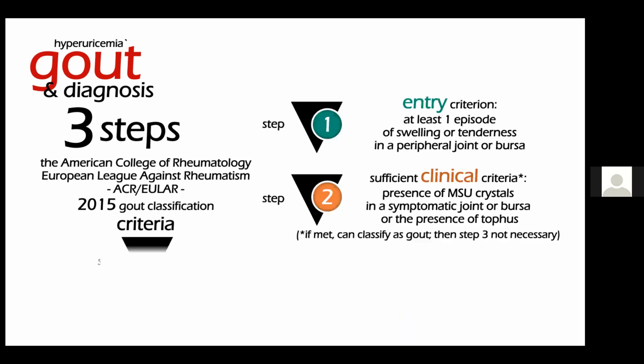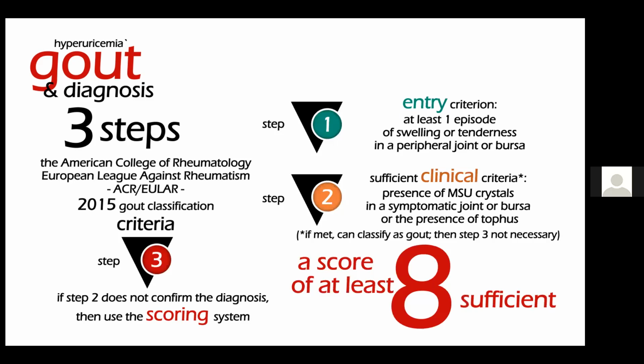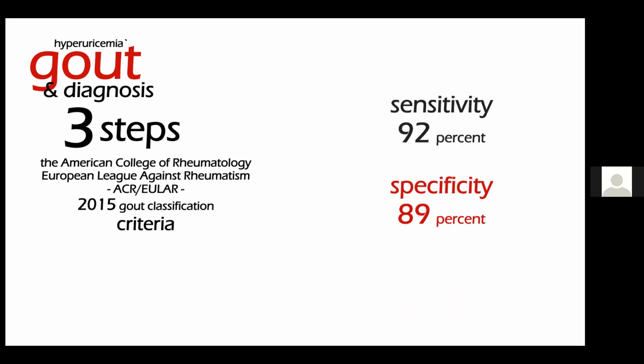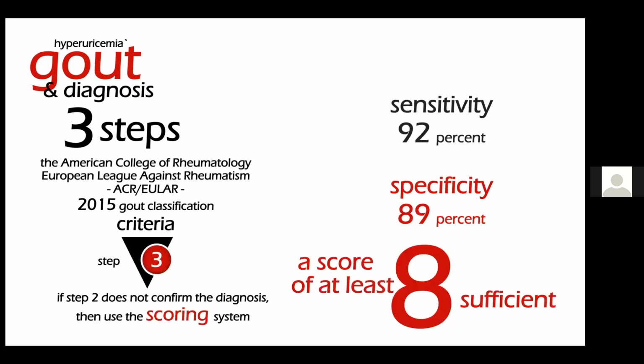After entering all the data, be it clinical, laboratory, and radiological, in relation with gout, all that we need is at least 8 for us to diagnose our patient with gout. And the score has a sensitivity of more than 90% and a specificity close to 90%.